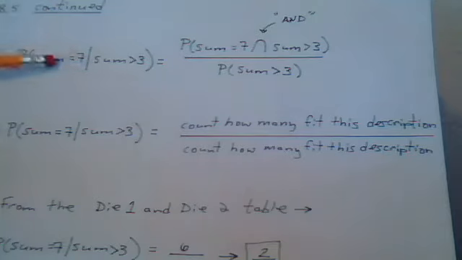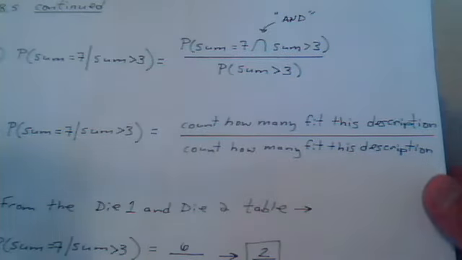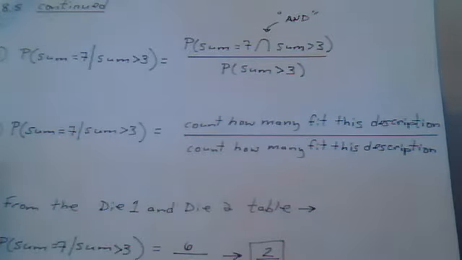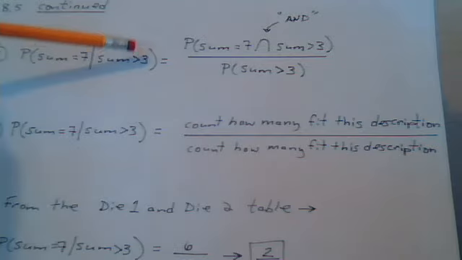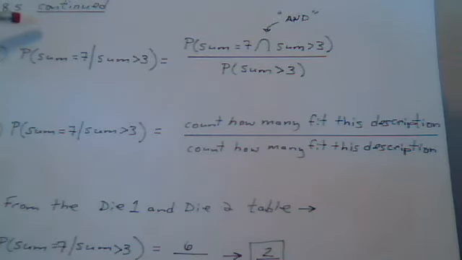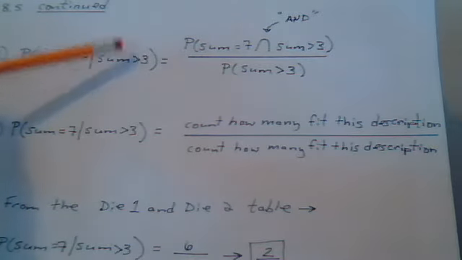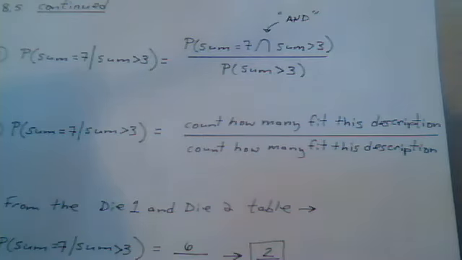And notice we plugged it in following the formula we had for conditional probability. So this is what it looks like. The probability of the sum equals 7, given the sum is greater than 3. One way of looking at this is, what's the probability that the sum equals 7, given that you looked at that group of dice that had a sum greater than 3?